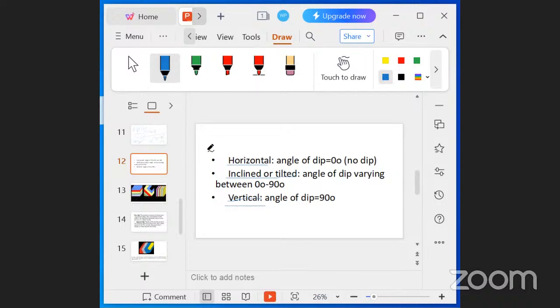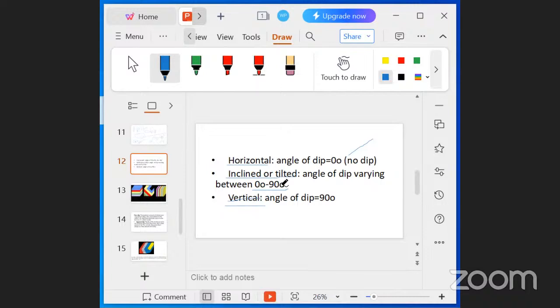These are the three types. So horizontal means the angle of dip is 0 degrees. It means there is no dip, right? 0 degrees. Inclined or tilted means the angle of dip varies between 0 degrees to 90 degrees.